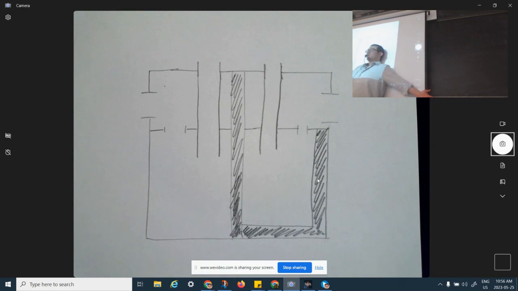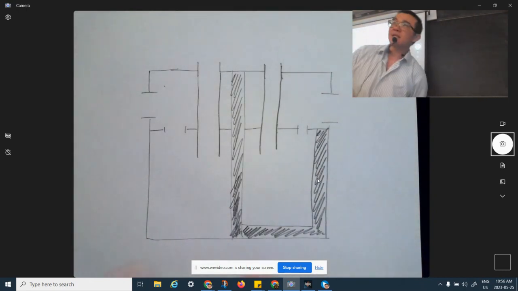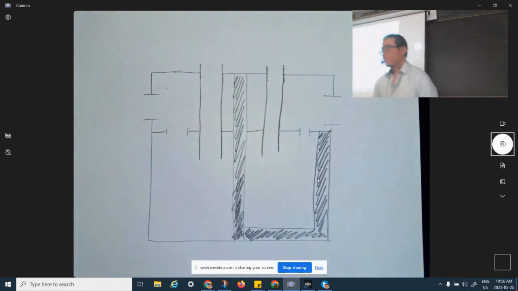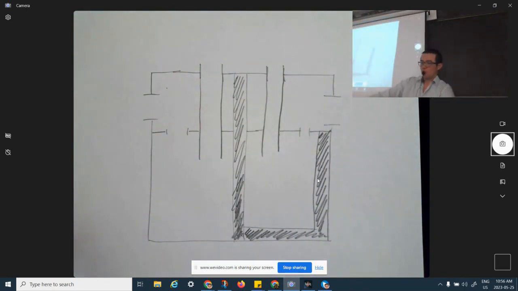Okay, so this side will be my right, your left side. This will be my left side, your right side. So when we're labeling right atrium, left atrium, make sure you keep in mind that it's the specimen's position when it's facing towards you.